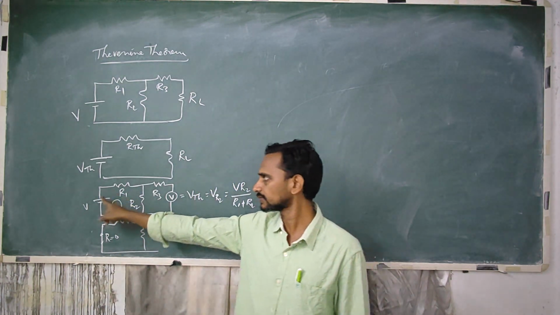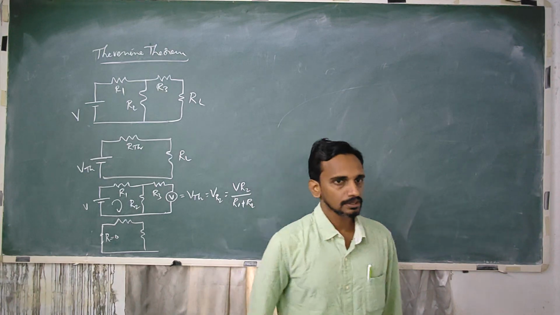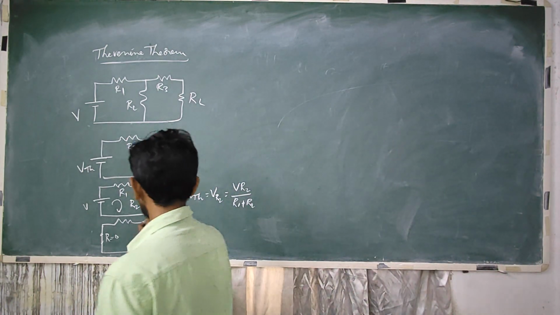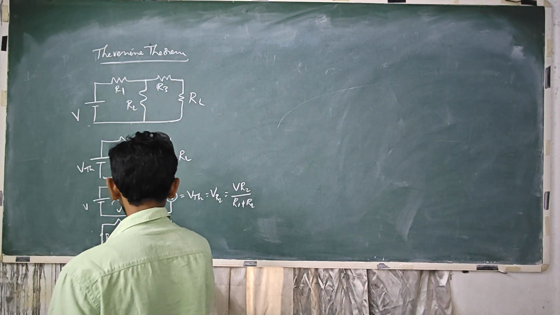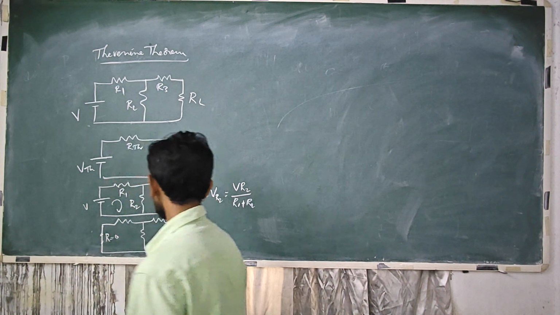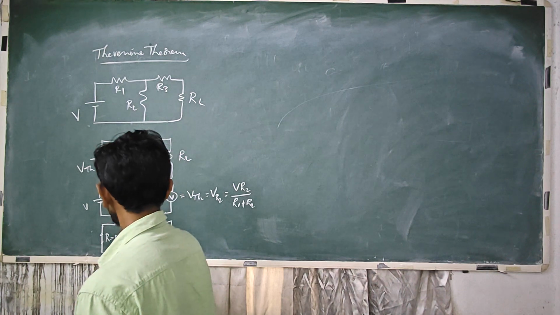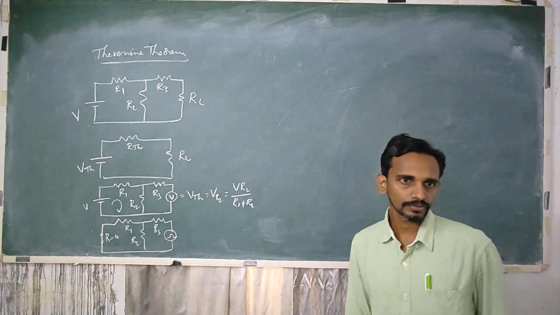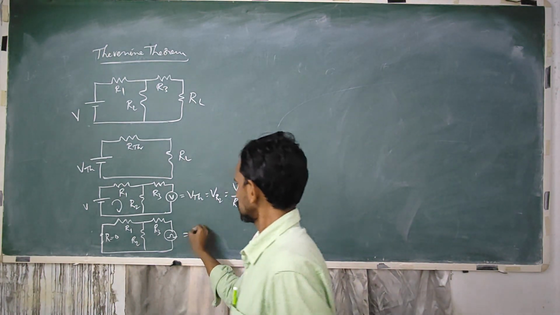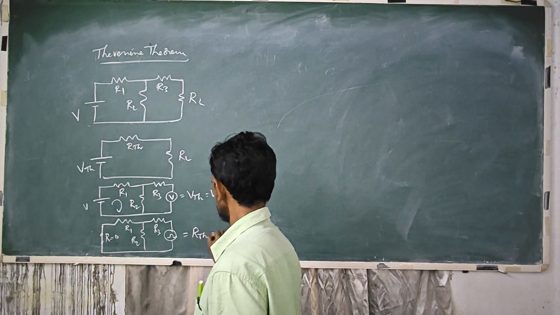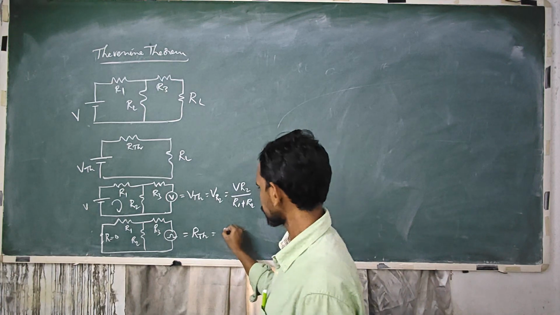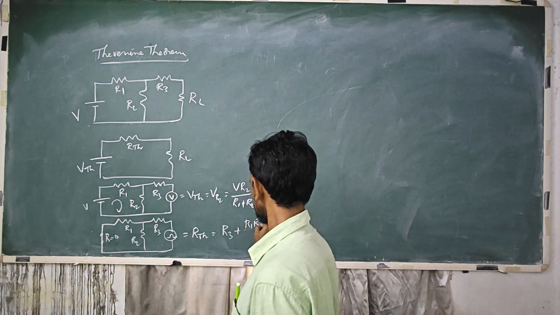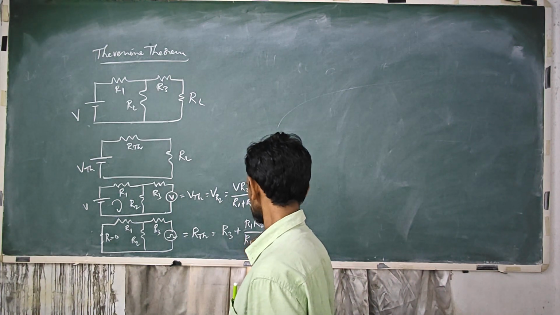So I am replacing the voltage source with the internal resistance of voltage source. And so when you connect an ohm meter here, this is R1, R2, R3. This is RTH. So RTH value is given by R3 plus R1 R2 by R1 plus R2.